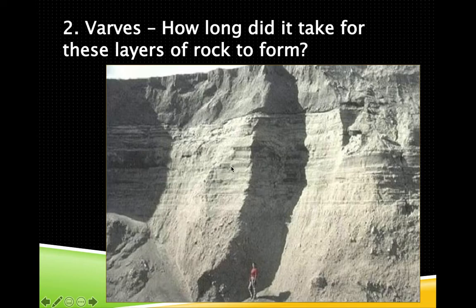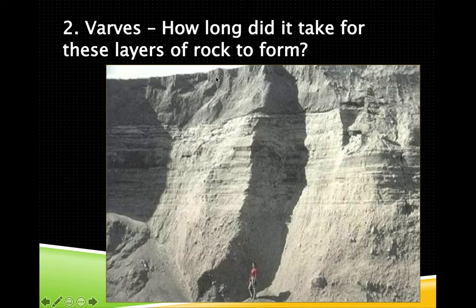It's not really hard rock. It's more loose sediments. You can get an idea of that by looking at some of the different parts here, how it's not necessarily real strong. We have a person here as a guide to give us a perspective of how large this is. We can see the top up here.